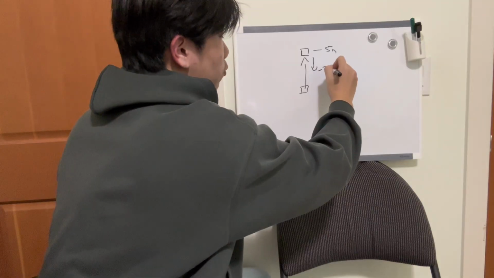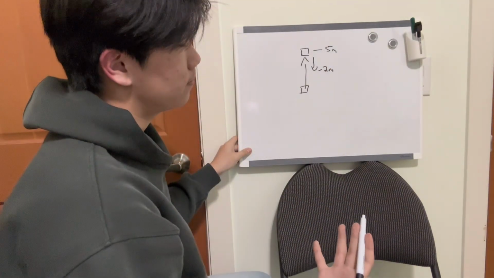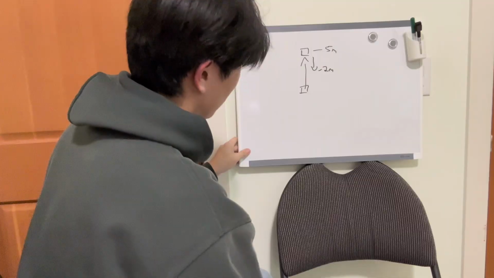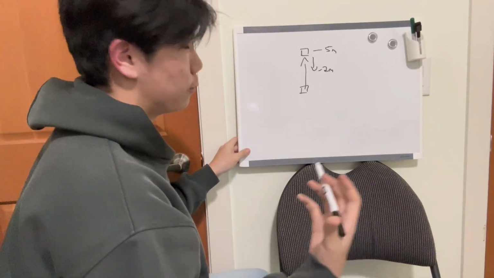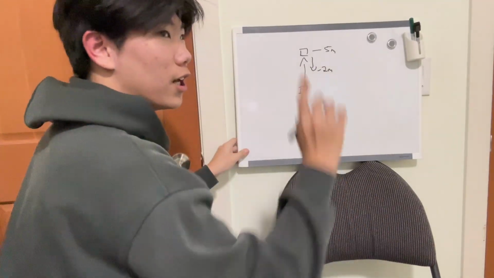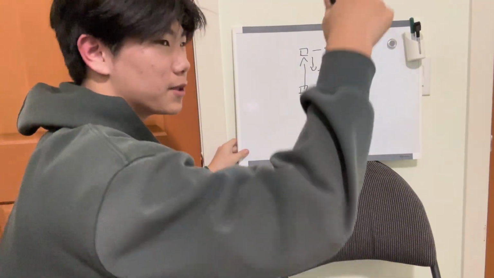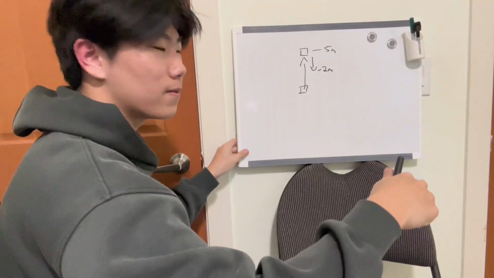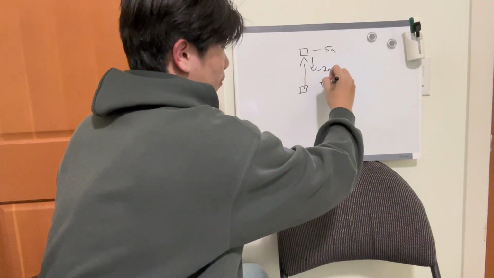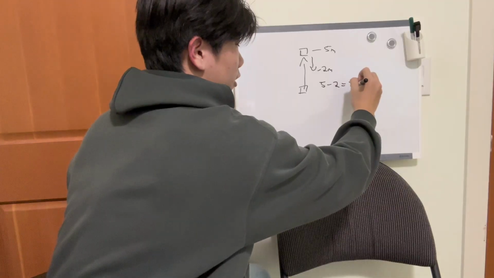It fell 2 meters. How do I get my total displacement? Well, remember, displacement, it goes up. Up is positive in this sense, so it will be plus 5. But then it comes down, which is negative 2. Therefore, 5 minus 2 equals 3 meters.